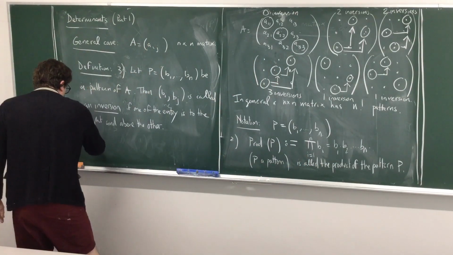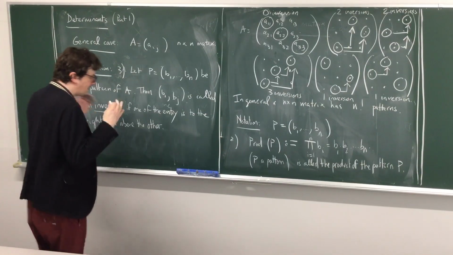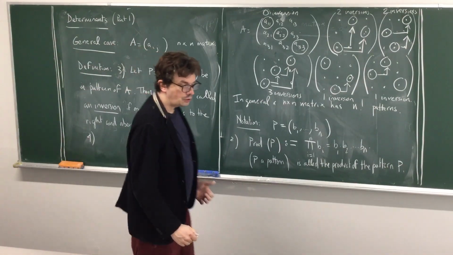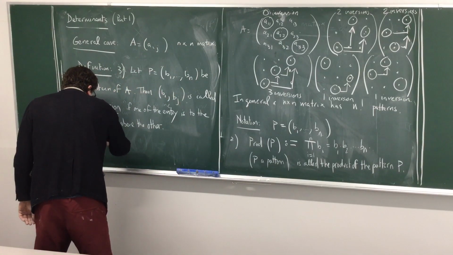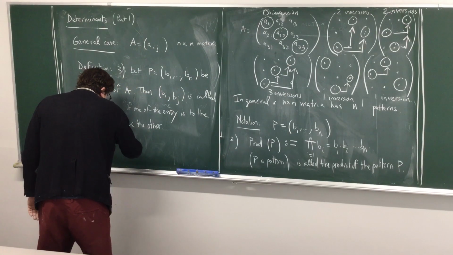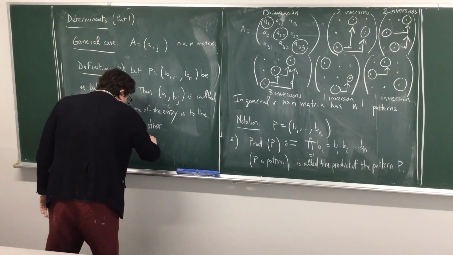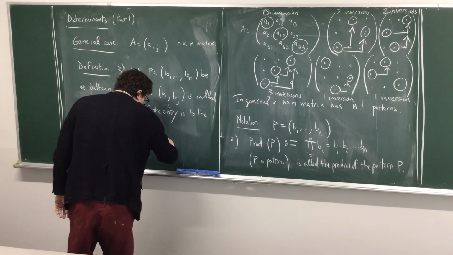Finally, I can obtain my general definition of the determinant of an n by n matrix, and this will be the following. Let A be an n times n matrix.